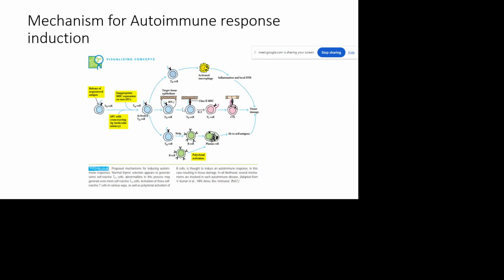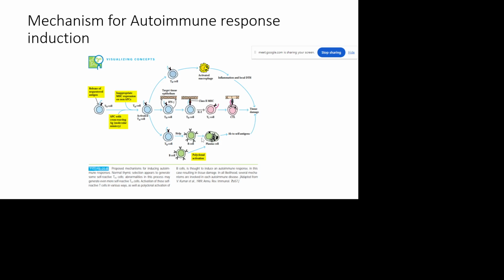That will be presented due to the expression of class 2 MHC by IFN gamma induction, right? So as they can present the self antigen, this epithelial tissue antigen, to the helper T cell, now this helper T cell can recognize it through the TCR.